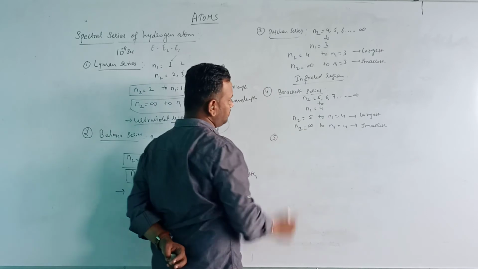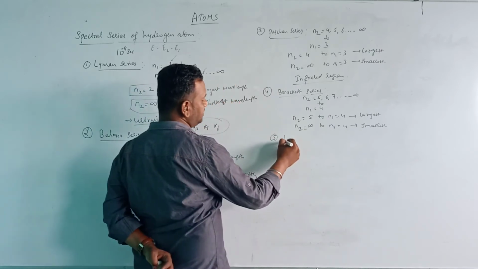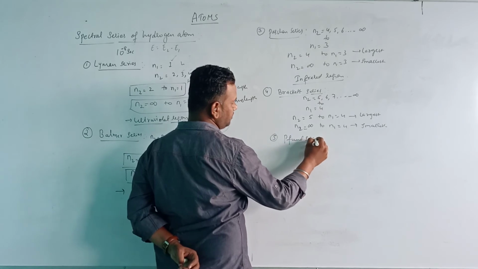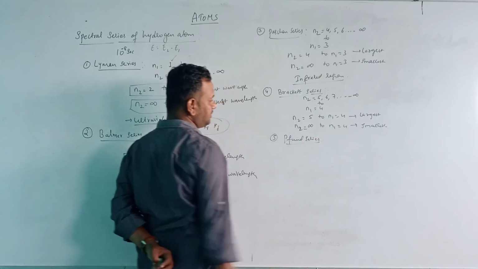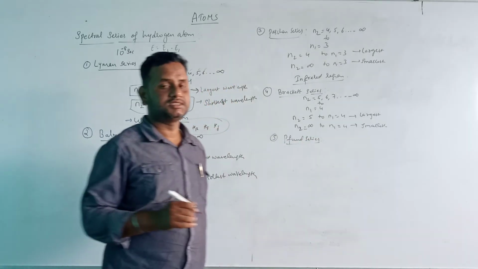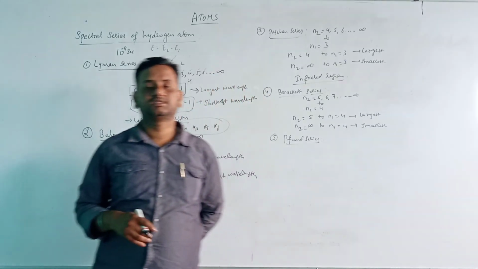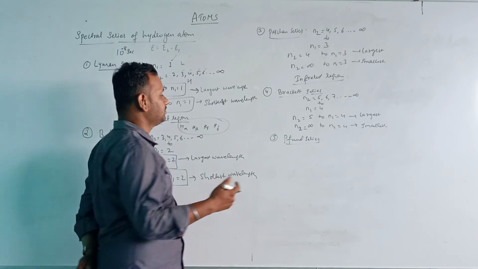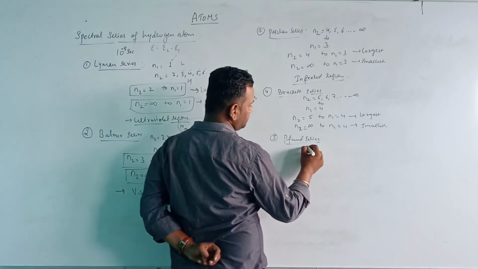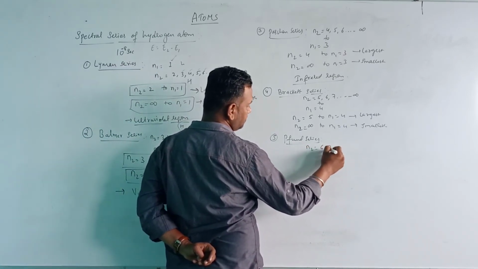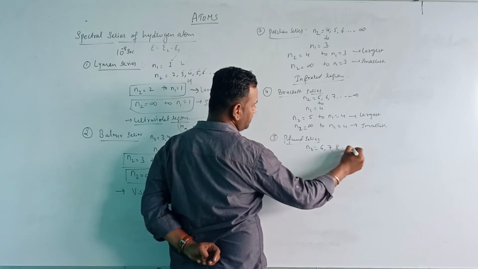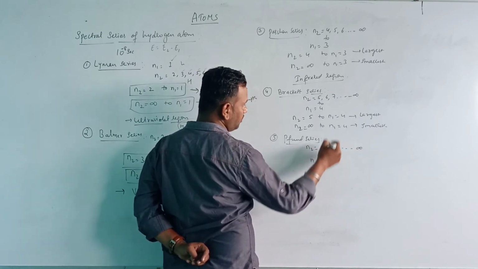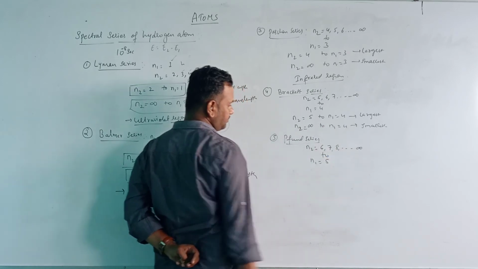Now fifth, it is the Pfund series. This series consists of all the spectral lines emitted because of transition from the higher orbit, that is n2 is equal to 6, 7, 8, up to infinity, to n1 is equal to the lower orbit 5.